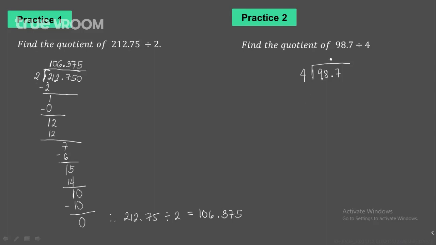So 9 is bigger than 4, so you can divide. How many 4 are there in 9?